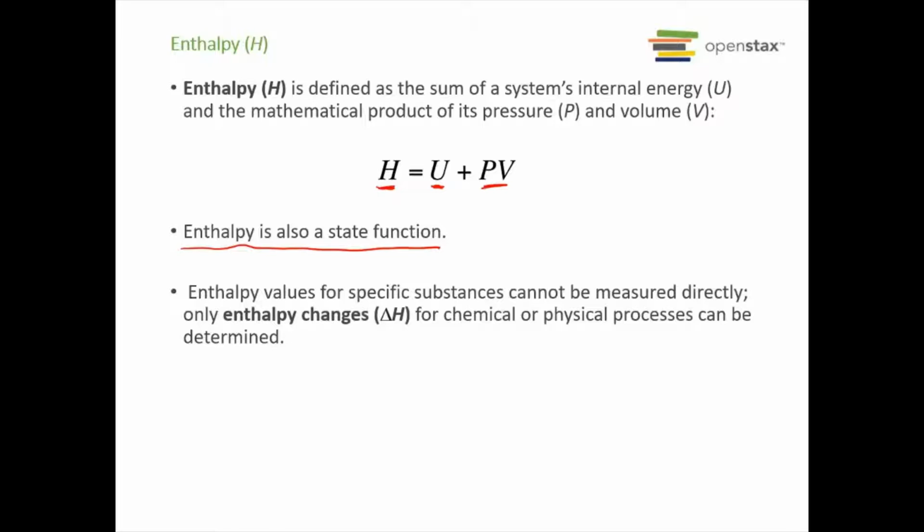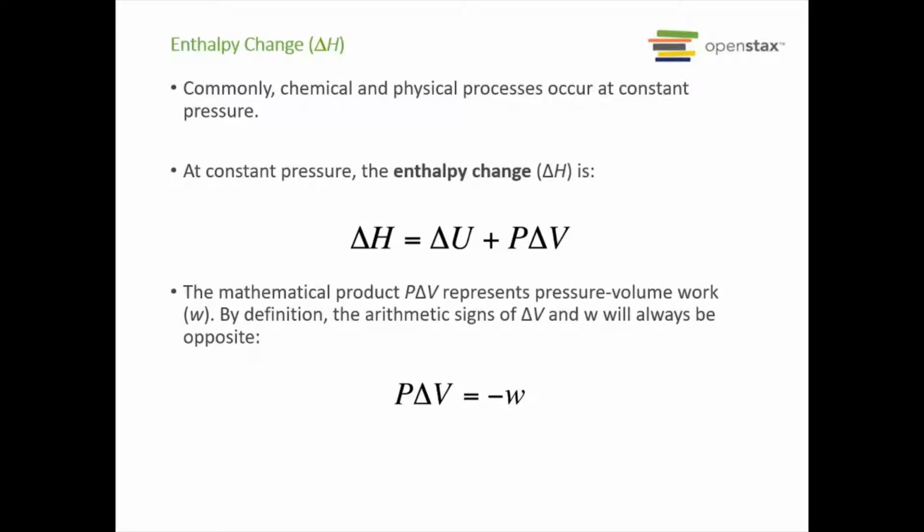So we can't measure enthalpy directly, but we can measure changes in enthalpy, or delta H. So because of that, since we're looking at a change in enthalpy, we're looking at the change in internal energy. And generally, we can assume constant pressure.